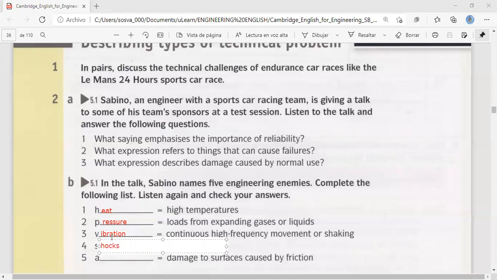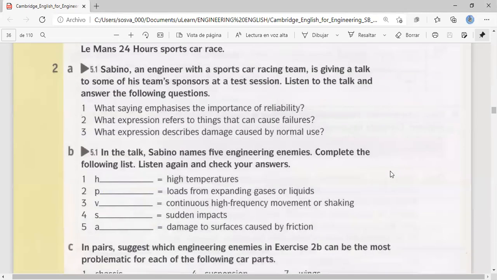Shocks, exactly. And number 5: damage to a surface caused by friction. Abrasion. Abrasion, yes. Perfect. May I erase it? Yes, thank you. You're welcome.